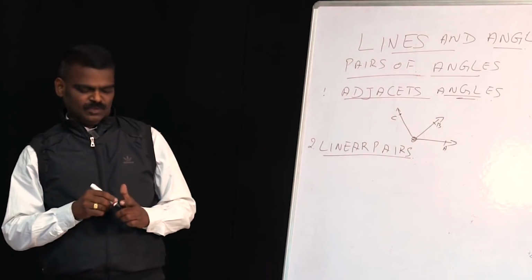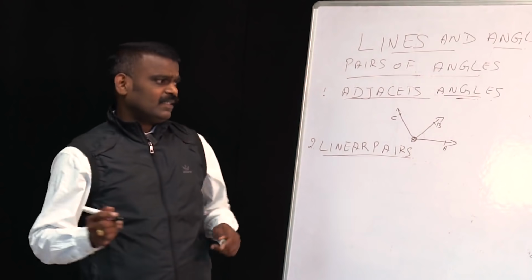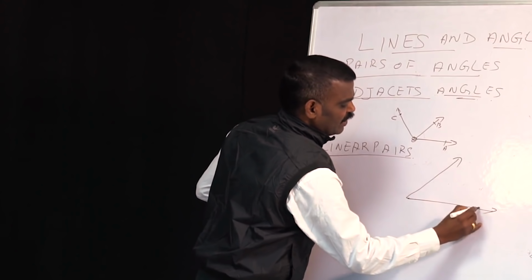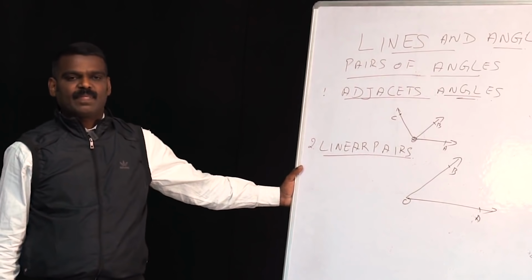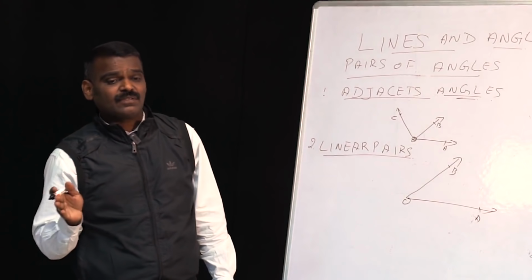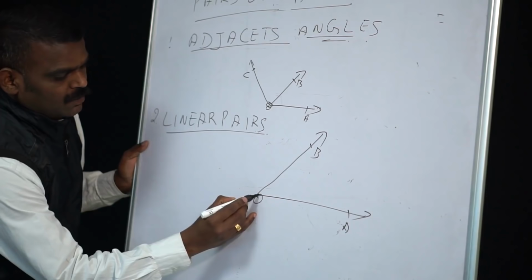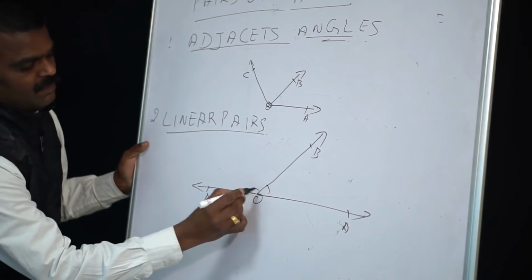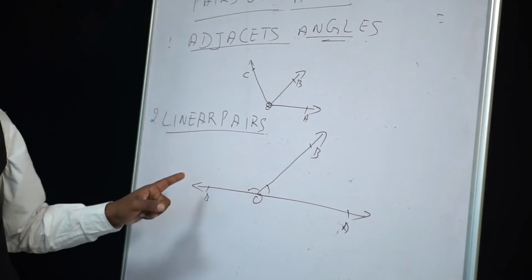Linear pairs. Two angles are called linear pairs of angles if they have the common arm, common ray, and the non-common arms or non-common rays should be in opposite directions. In these two angles, the common arm is BO.